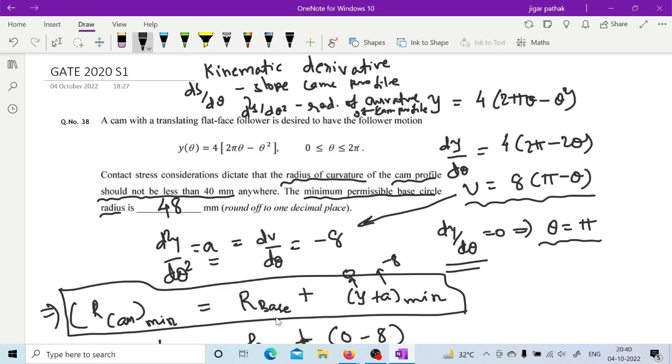Then your minimum possible base radius will be the minimum cam profile radius plus what we have calculated, because a is negative 8. That is why the minimum base radius is 48. Are you able to get it? Student: Yes, sir. After finding the radius of curvature, we substitute it in this equation. Yes, got it. Okay.